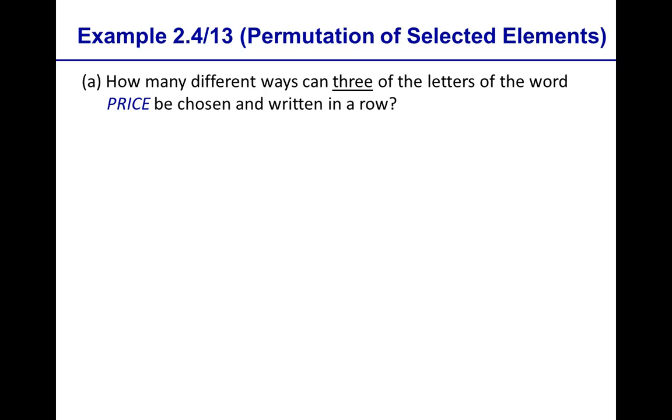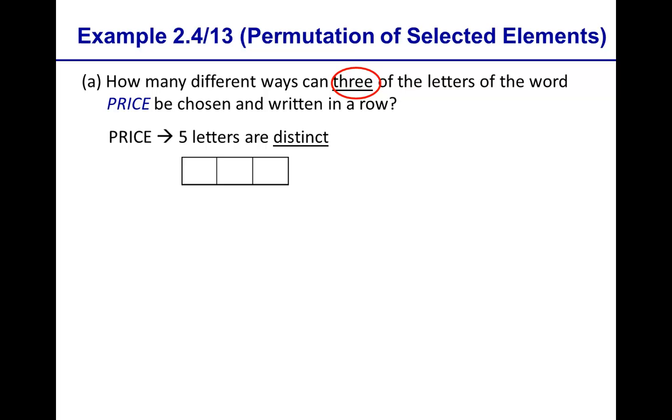In part A, how many different ways can 3 of the letters of the word prize be chosen and written in a row? Well, the word prize has 5 distinct letters, but we only need to arrange 3 letters. So we draw only 3 boxes. How many choices are there for the first box?